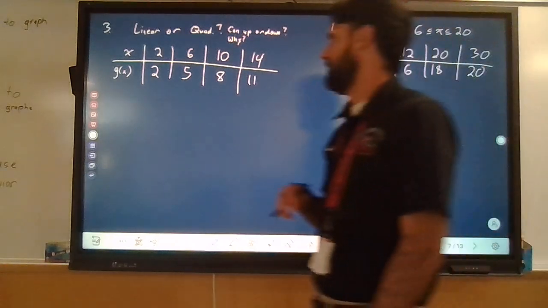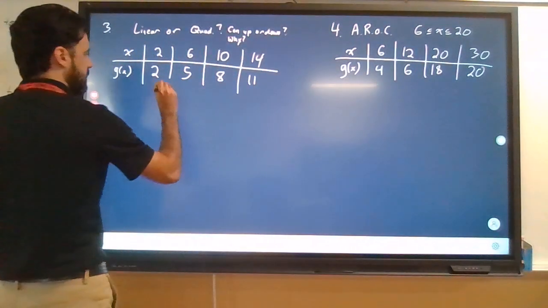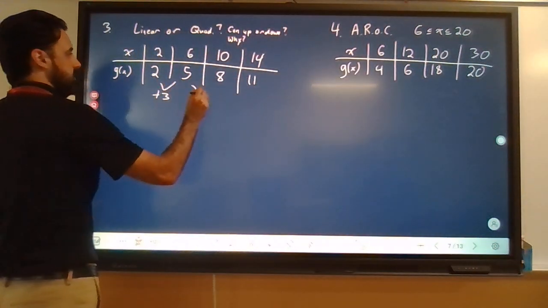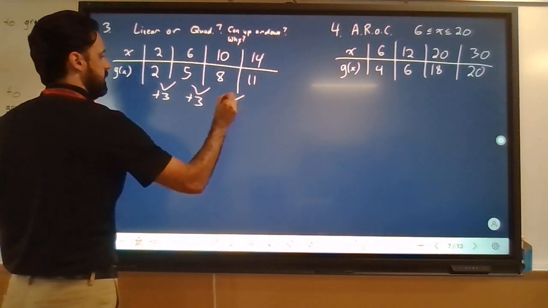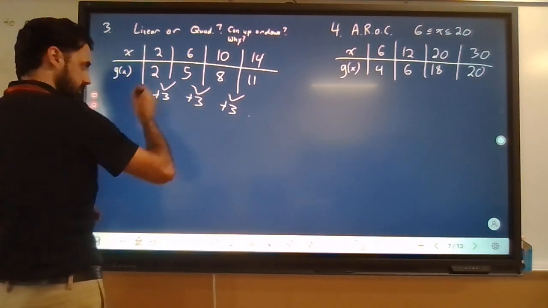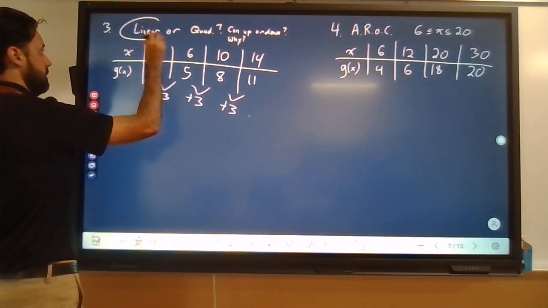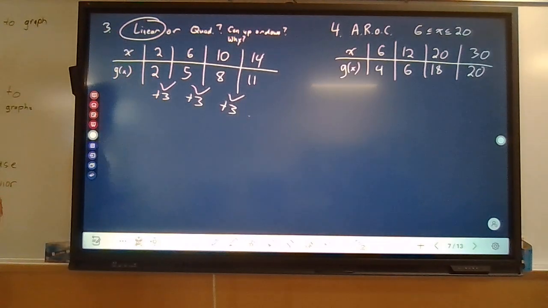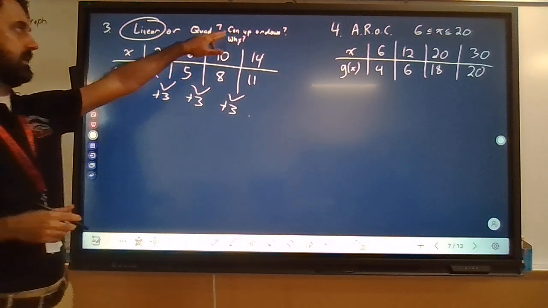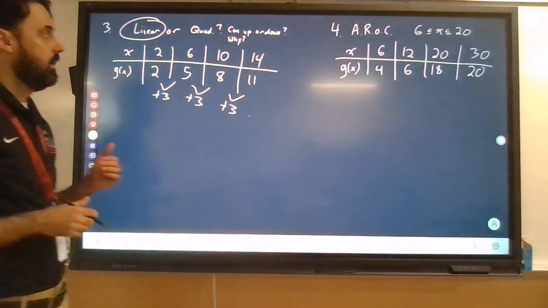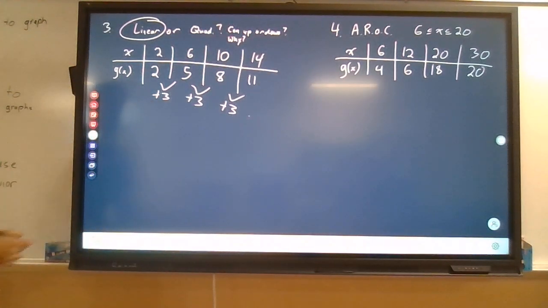Number three, same question. But we see here, if we look at the g of x's, it goes up 3, and then up 3, and then up 3. So because those are all the same, this is linear. And again, it won't have concavity. It's not concave up or down if it's linear. But why is it linear?